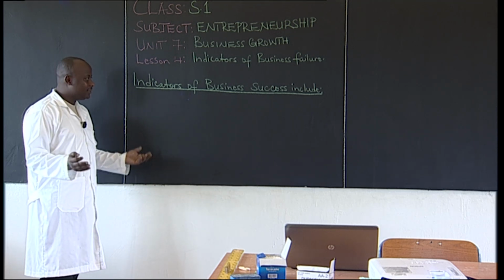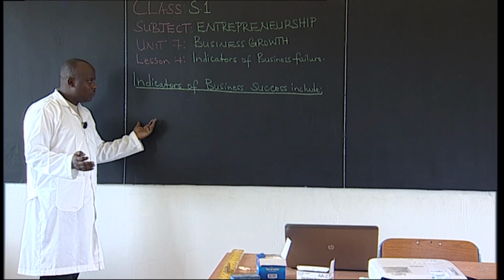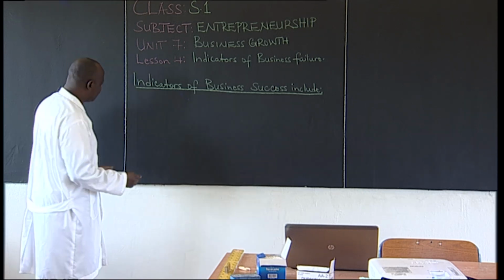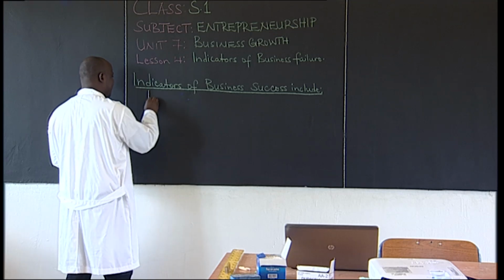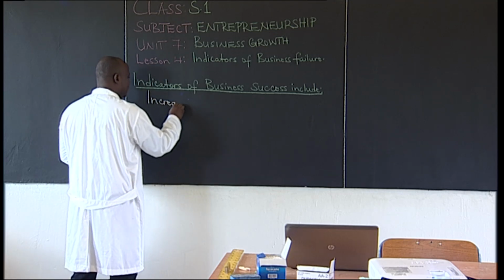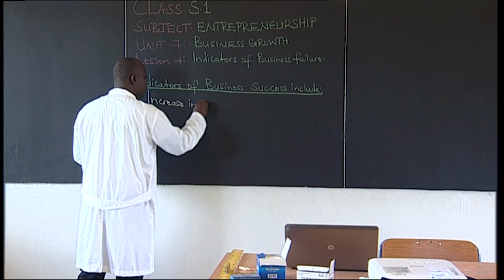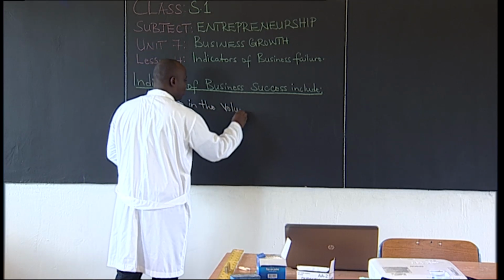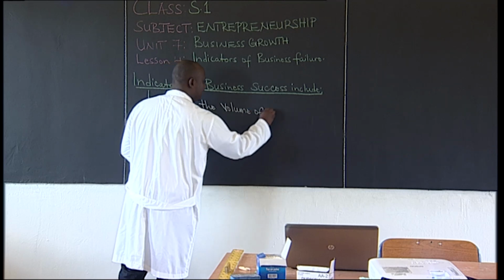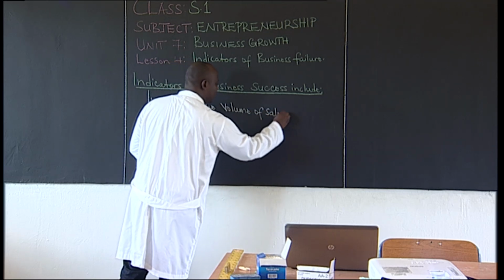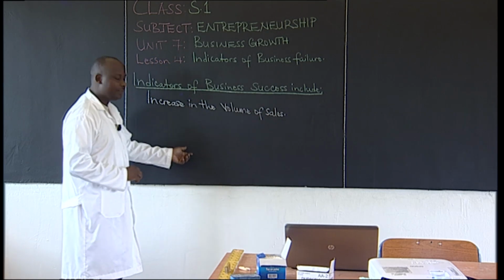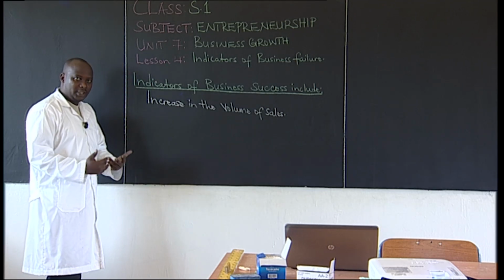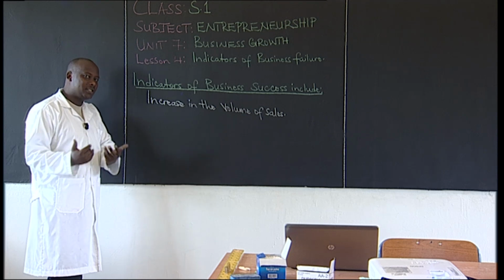Someone is telling me that one of the indicators of business success is increase in the volume of sales. That is the first indicator. When a business is able to sell more goods, that shows that a business is growing and expanding.